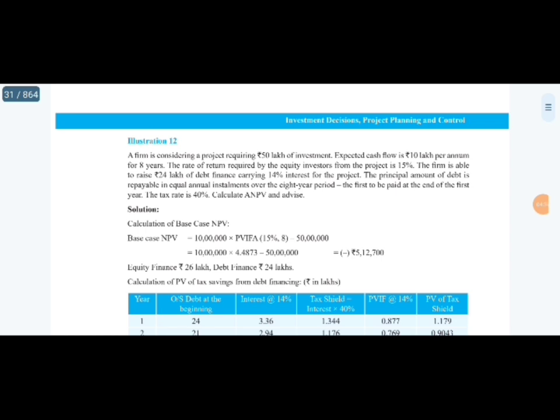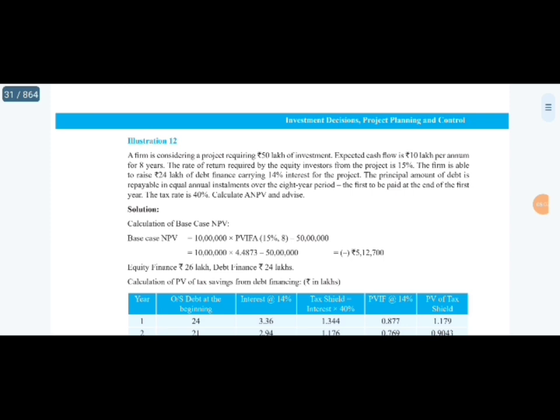That means out of the 50 lakh, they have raised 24 lakh using the debt finance and remaining 26 lakh using the equity, by issuing equity. So for 24 lakh, they are paying 14% interest. And then how they are paying this 24 lakh? By equal annual installment. That means 24 lakh they are paying equally for 8 years.